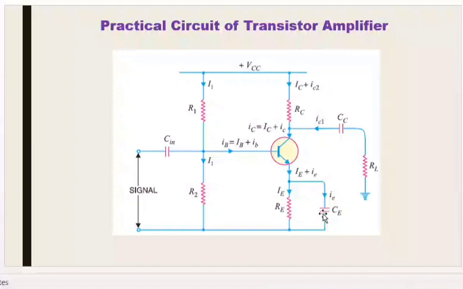It allows the current, the IE current, the AC currents, to flow through this emitter capacitor. If this capacitor is not used here, what will happen? Its value is around 100 microfarad. Once again, I'll check.